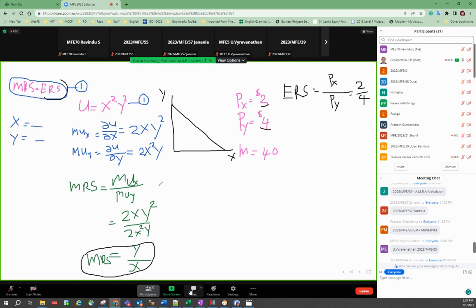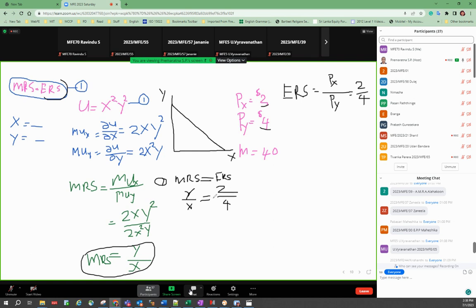Now with this first condition, you get MRS equal PRS, between y divided by x equal 2 over 4.